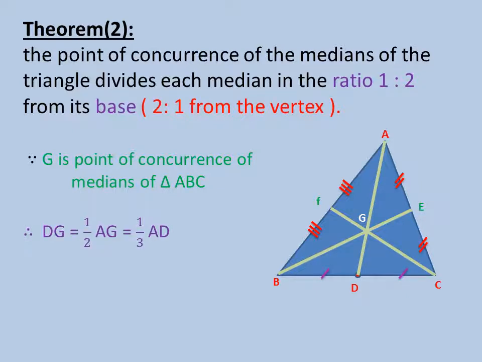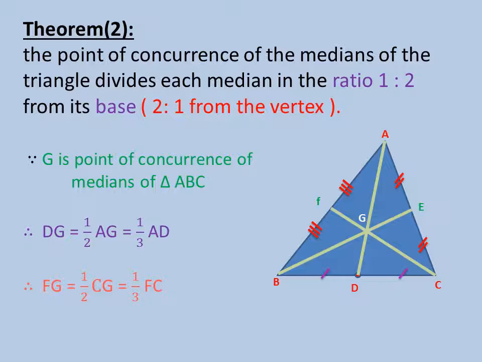When I use this theorem, since G is the point of concurrence of medians of triangle ABC, then DG, which is the part from the base, equals half AG, the part from the vertex. And DG also equals a third of the whole median. If we consider the median FC, the part CG is the part from the vertex, and GF is the part from the base.